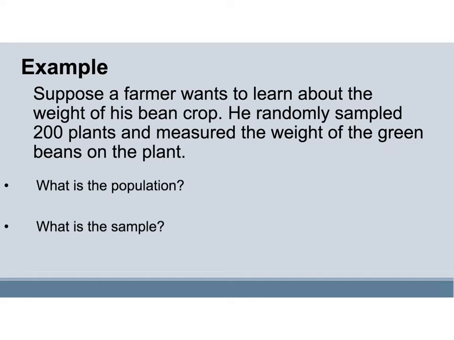So, what is all in this case? Well, what's the farmer doing? He is measuring the weight of green beans on the plant. So he's wanting to know something about the weight of his green beans. So the population is all green beans.